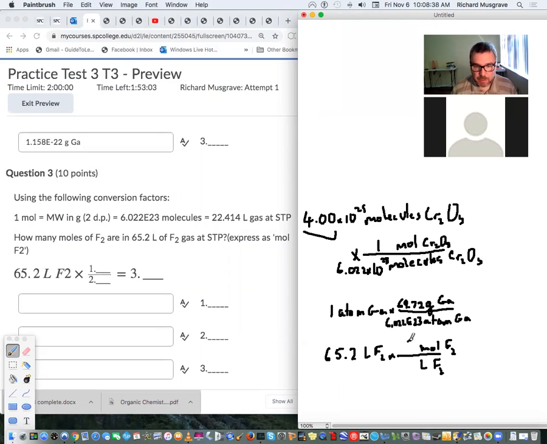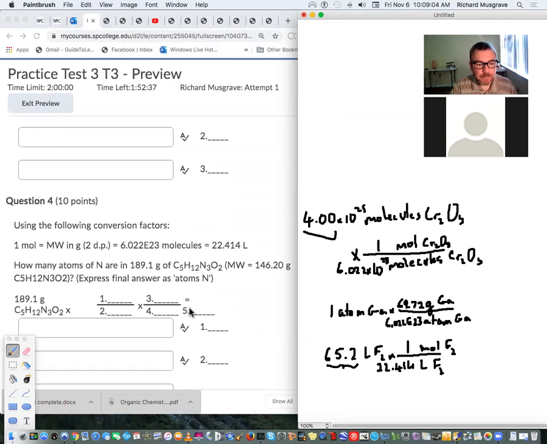Now the relationship there is 1 mole is 22.414 liters. Again, this is in the relationships that are given to you within the problem. 1 mole, 22.414 liters, and then we do our math on that. I'm not going to do that on the calculator. I know you can handle that. And that's going to be 3 significant figures in our final answer. Any questions? No, thank you.